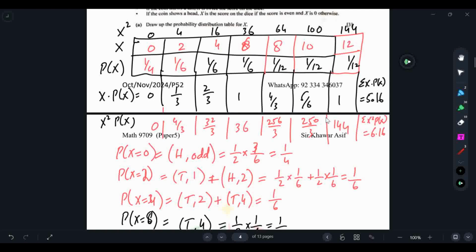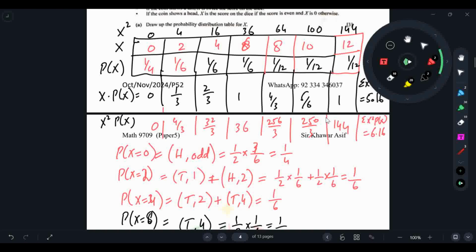We need to multiply it with the first row. We need to multiply with this first row. That is why there must not be a huge difference between these two. So we need to multiply it with this one. Okay, we need to do it again.